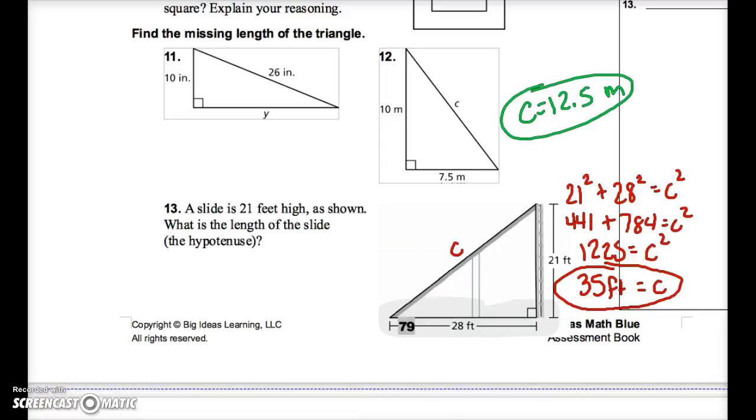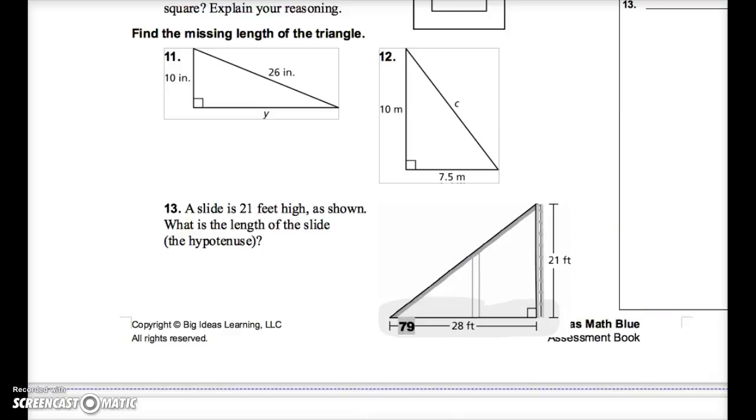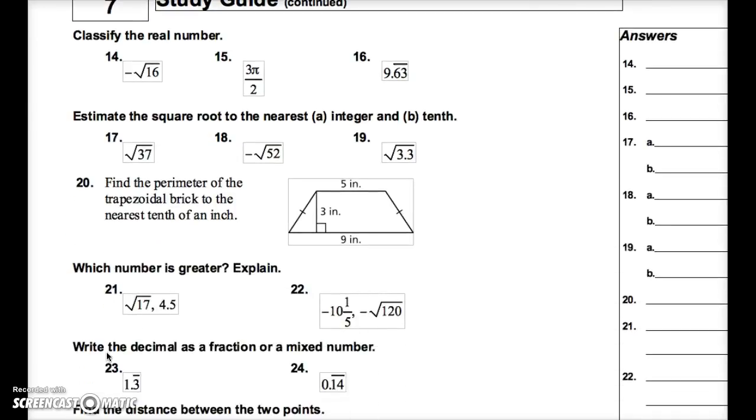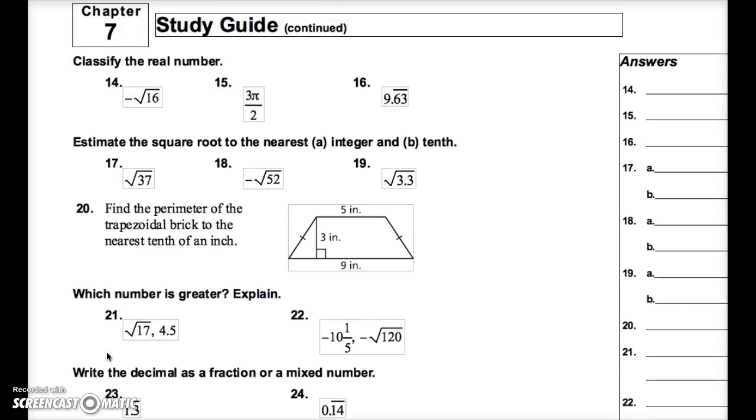Okay, now we're going to flip over to the other side. Okay, for 14, 15, and 16, they just want us to classify the real number. Okay, so keep in mind, we are answering whether these are going to be rational, and that is if it can be written as a fraction.